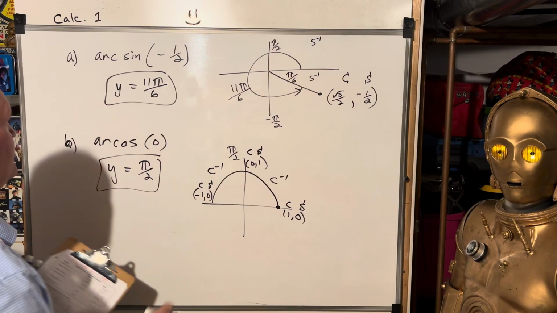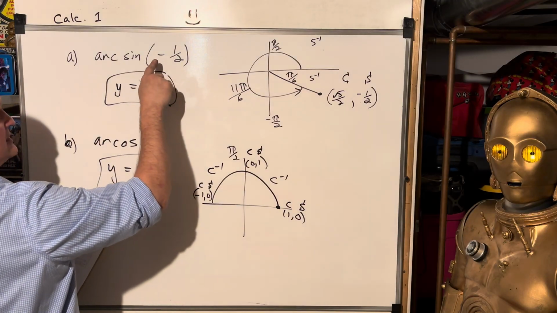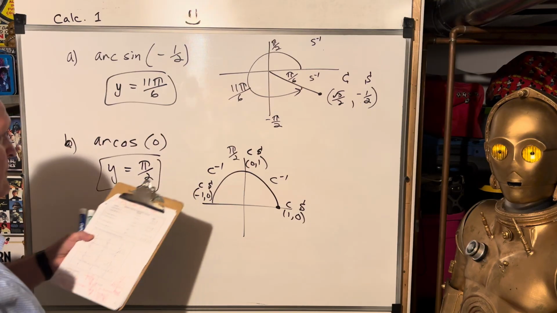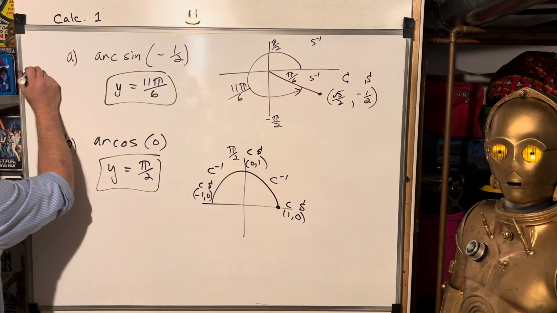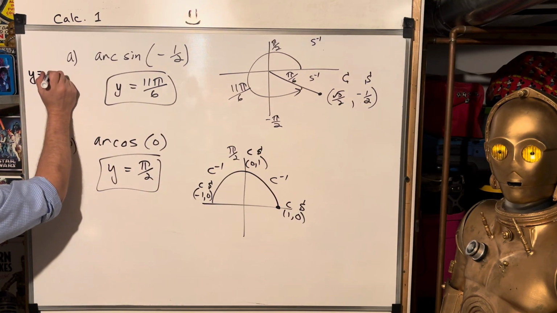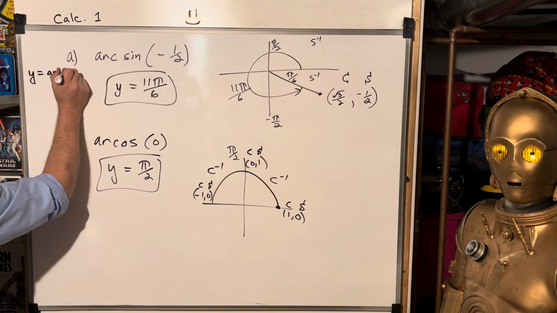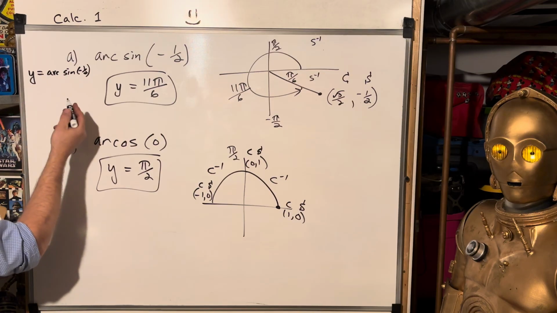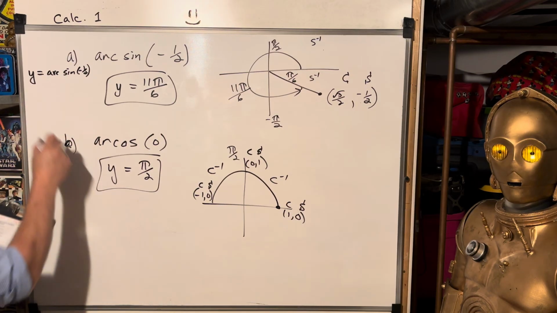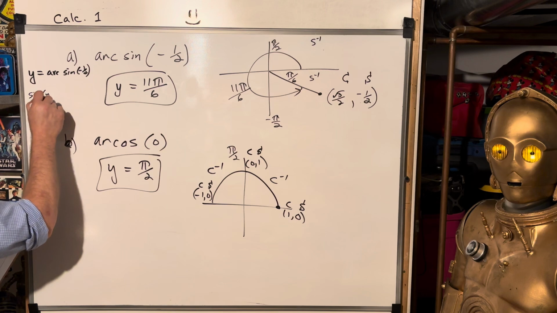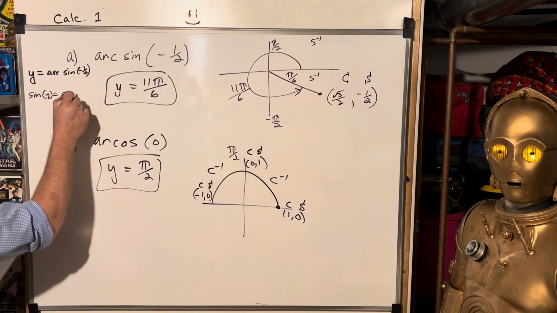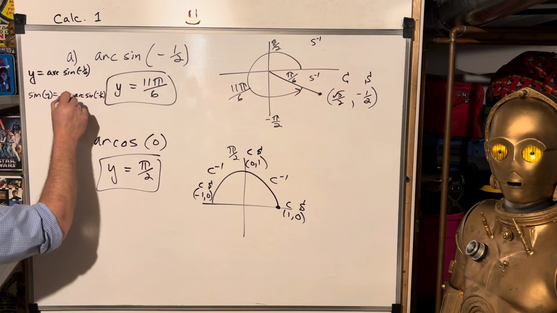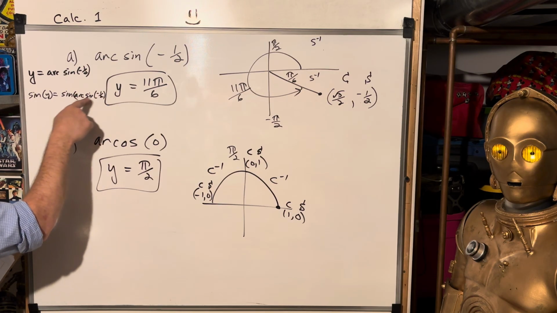So again, remember what this means. This means here, the long way is y equals arc sine negative 1/2. And so I could take the sine of both sides. But really, that and that are going to cross each other off.